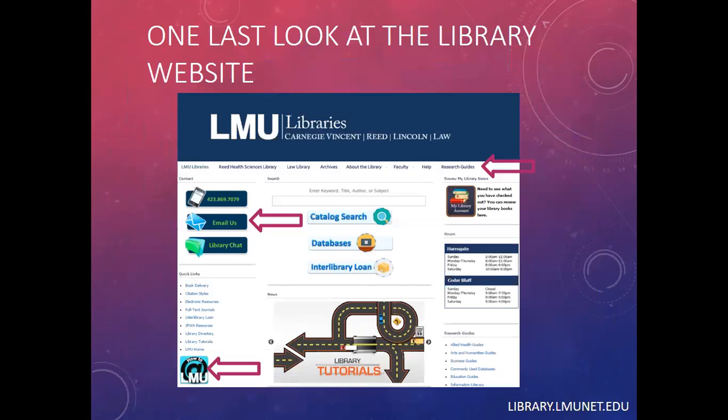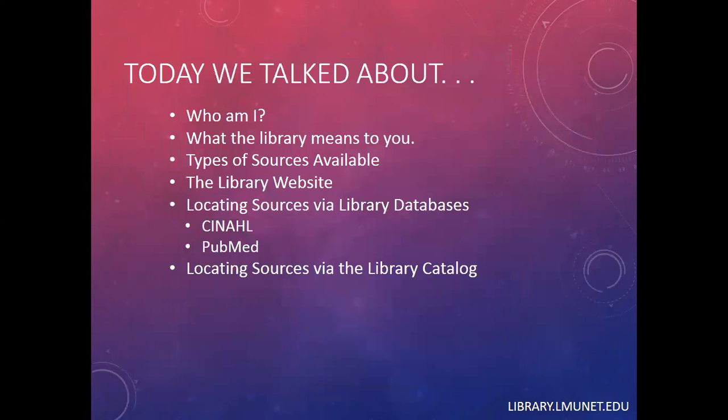This is where we have our library tutorials, and you can go and learn how to do anything in the library that you want. Well, almost anything. And in the upper right-hand corner, you see a link for research guides, and you can find guides to other programs such as medical, English, business, all kinds of programs.